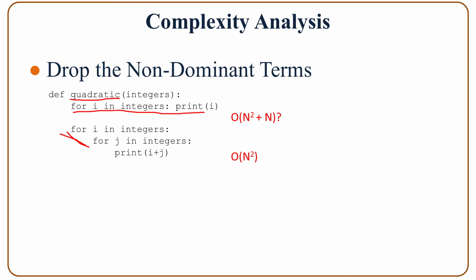So are we going to write the complexity O of n squared plus n? Actually, because n is a non-dominant term, we drop it. And the time complexity is finally O of n squared.